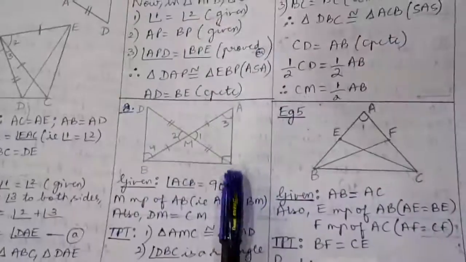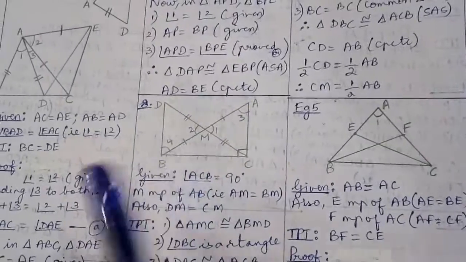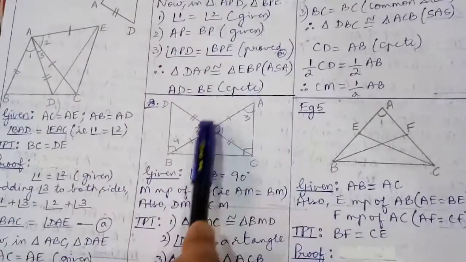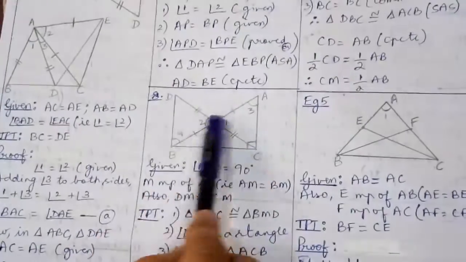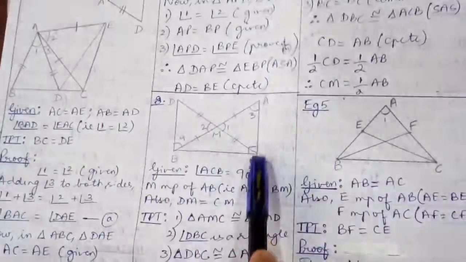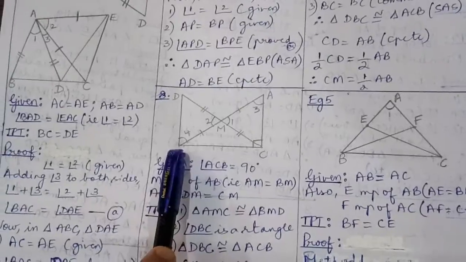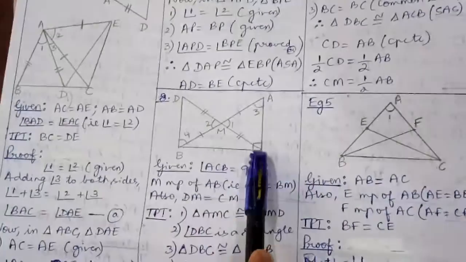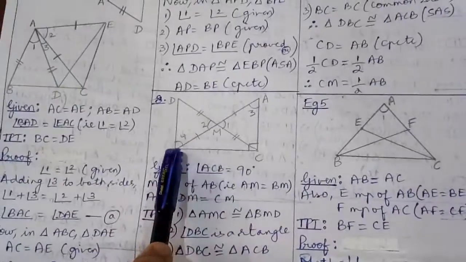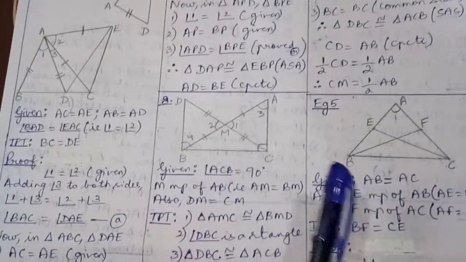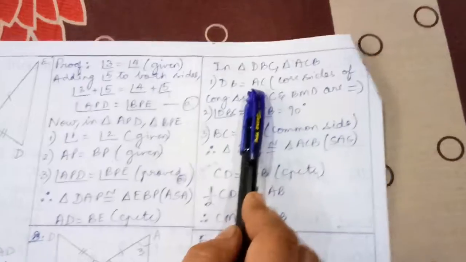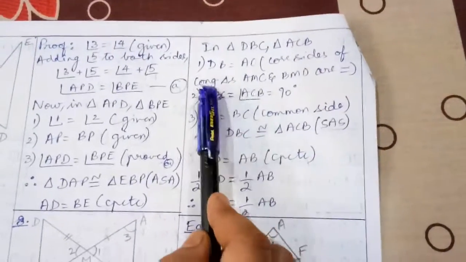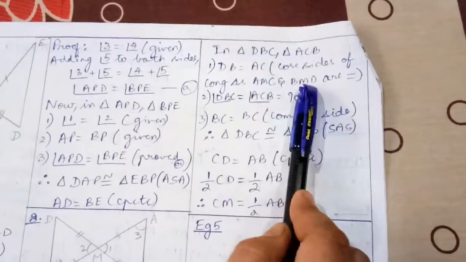The triangles under consideration are this triangle and this triangle. Since we proved that this triangle is congruent to this triangle, we have AC equals BD, CPCTC. Now AC is in a different triangle, BD is in a different triangle, but anyways, they have to be equal, right? Because they are the same sides. So DB equals AC because corresponding sides of the congruent triangles AMC and BMD are equal.